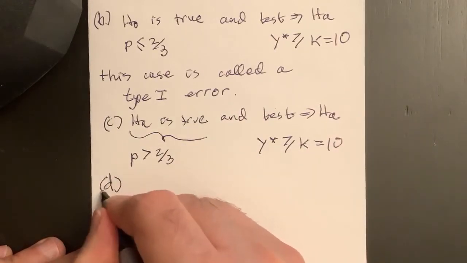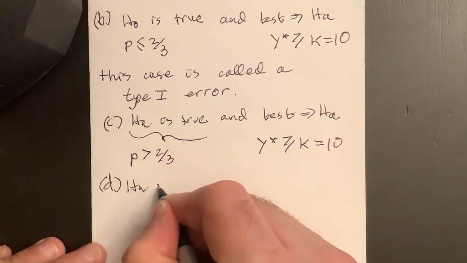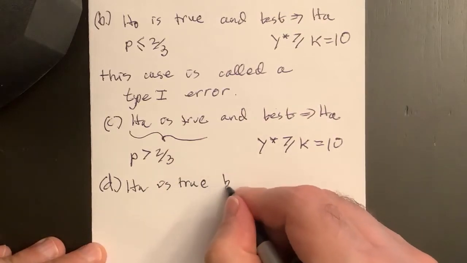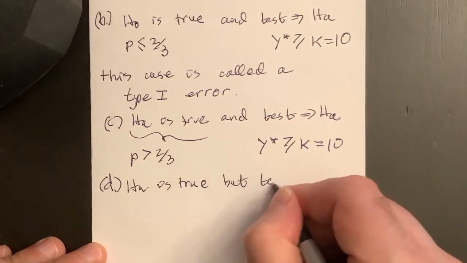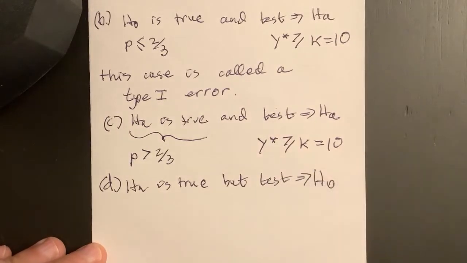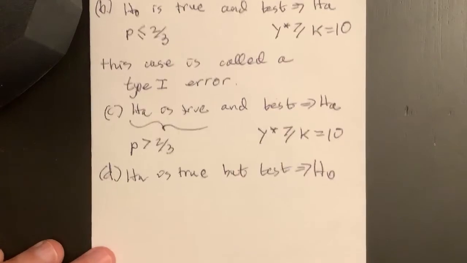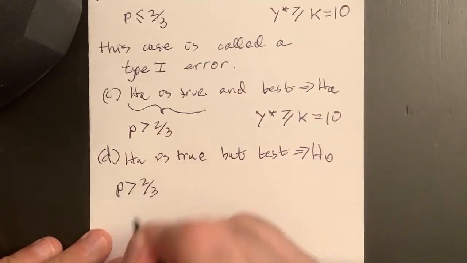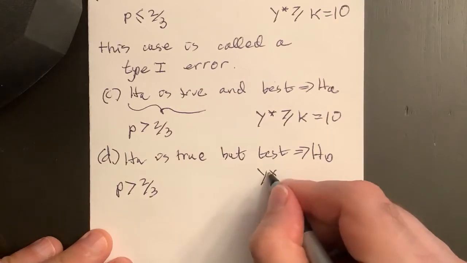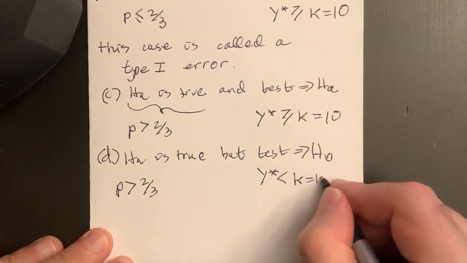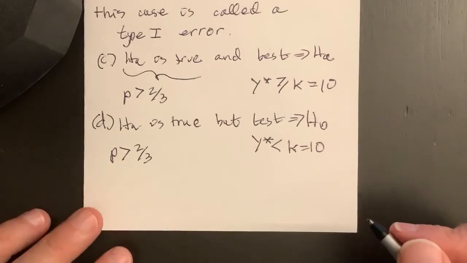Finally, HA is true, but the test points to H0. In this case, P is again greater than 2/3, but y star was less than K equals 10. This is an error.